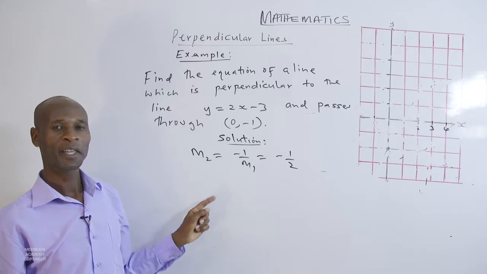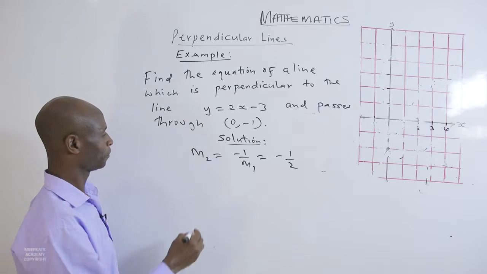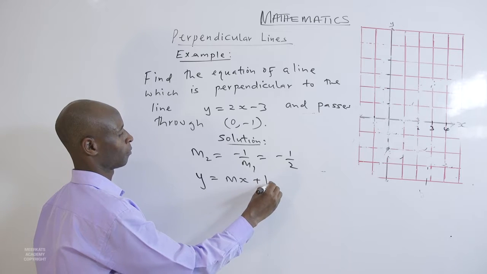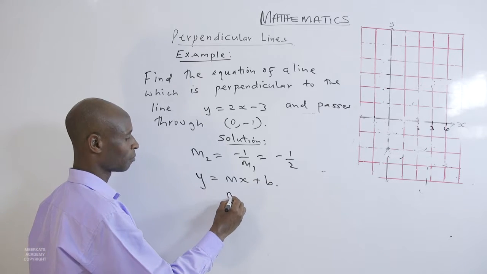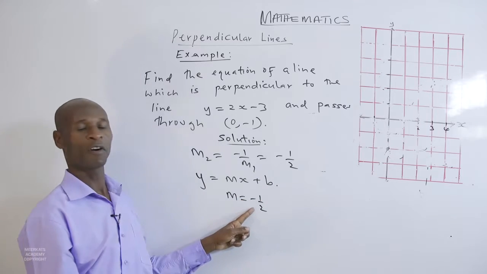Then, to get the equation of a line, we also require the y-intercept b. So already, we know that m is -1/2 for our second line.